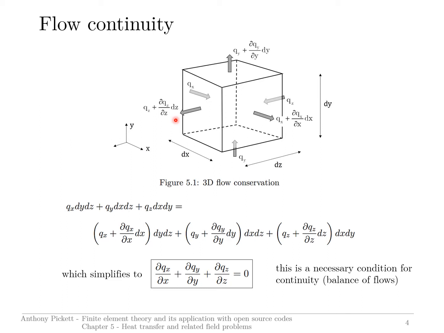So for example, Qx could be typically the rate of inflow of heat per unit area. It could be the rate of inflow of a liquid per unit area, or it could simply be the mass of inflow per unit area.